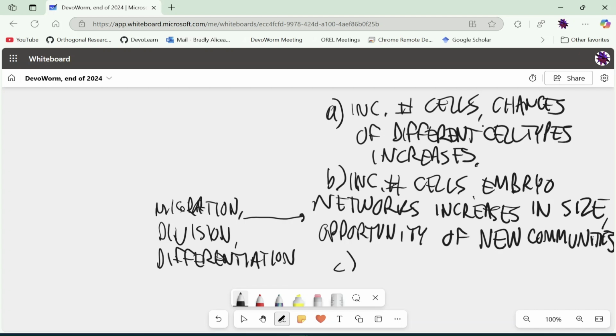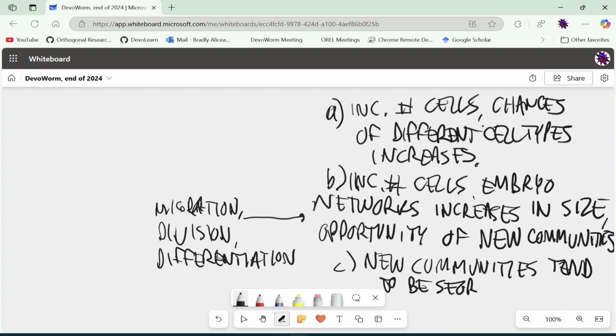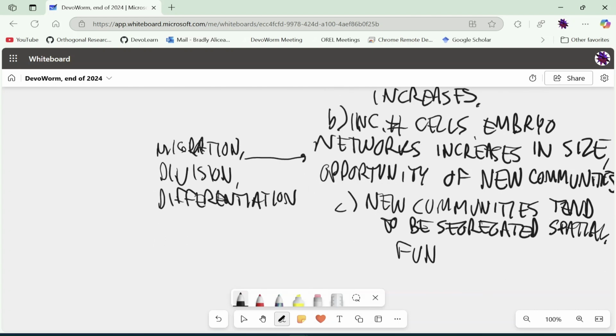Then in C, when we get our new communities, the new communities will tend to be segregated in terms of space, so spatial, and functional. Okay, so then that's C.